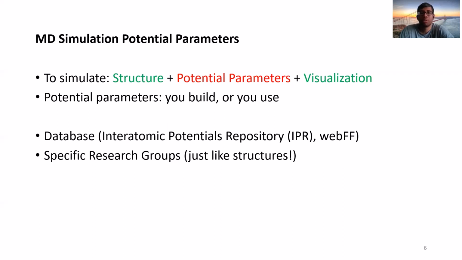If it is not, you may have to build it on your own according to the literature. Sometimes these potential parameters are available from the databases, for example, through IPR or WebFF, some popular repositories. Sometimes, just like structures, you can obtain them through specific research groups, which particularly engage in developing potential parameters for particular systems.